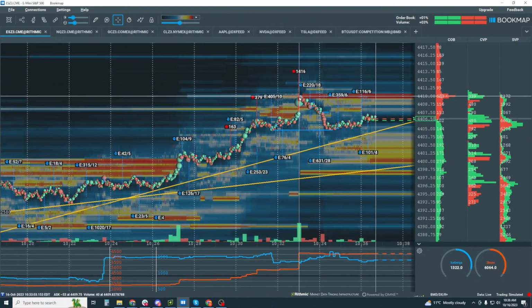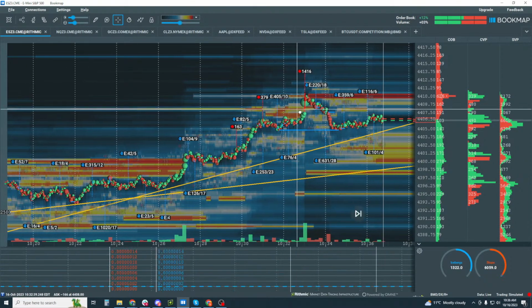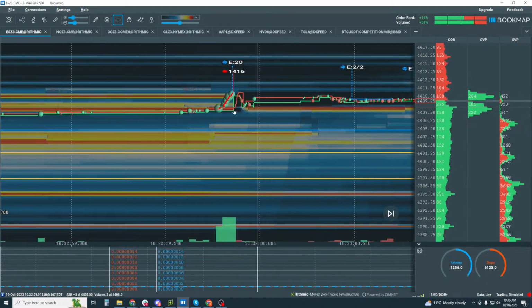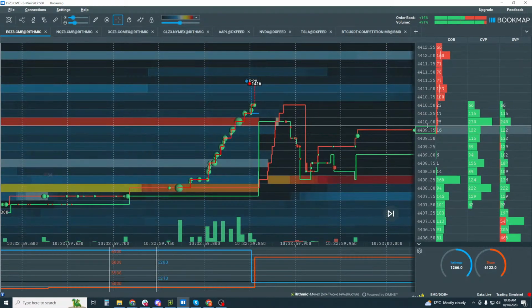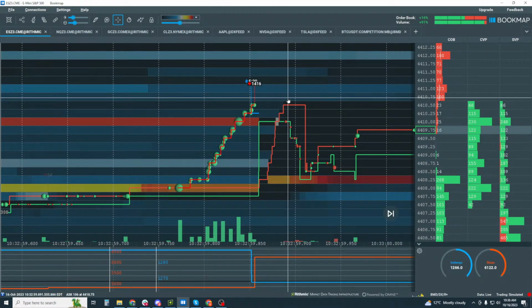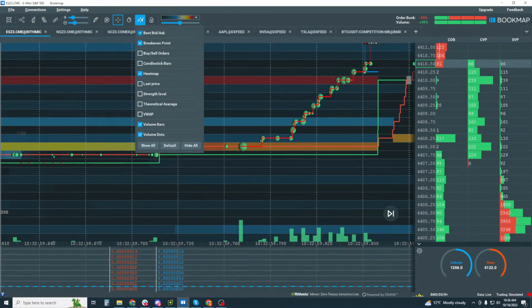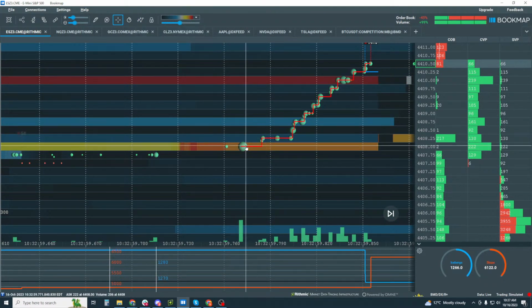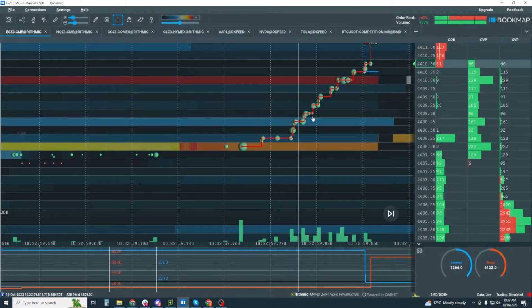Boy, beautiful, beautiful stop run here. Look at the red line here, and this is one of the prettier ones. Take best bid and offer off. Let me show you. This is where the stop run began, right here. Some stops were triggered in here, and it looks like just a beautiful cascading stop run.